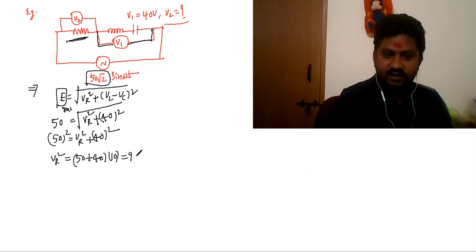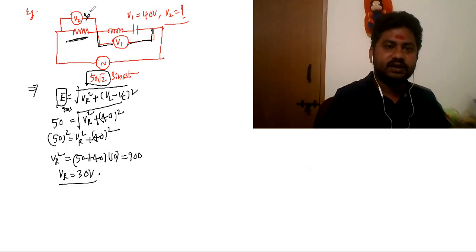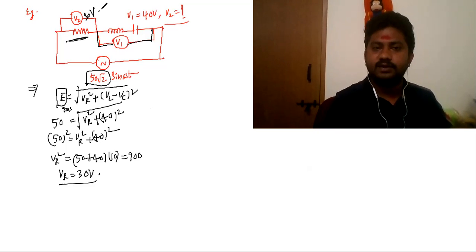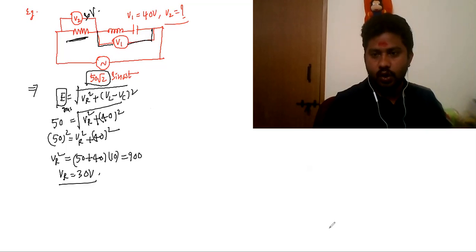I can say it is 900. So when VR square is 900, VR is how much? It's 30 volt, my dear students. Clear? So the answer here is 30 volt. Like these questions will be asked. Are you ready to solve one more question? Let's solve one more question for you.